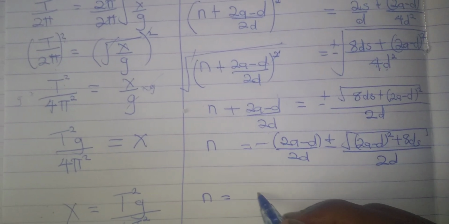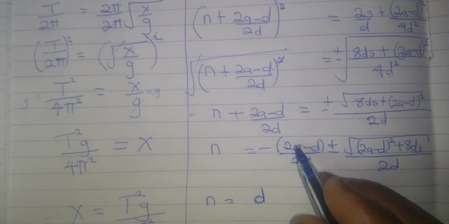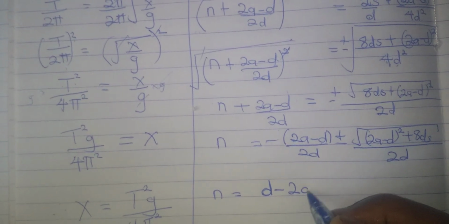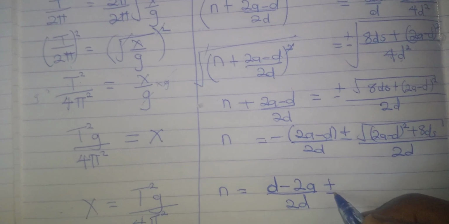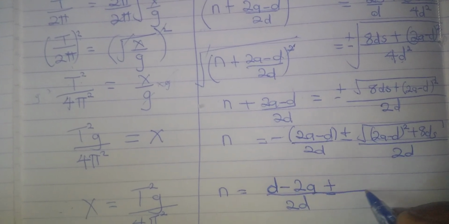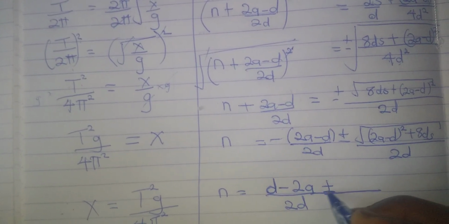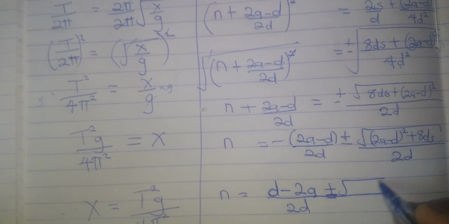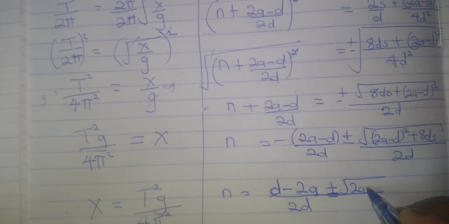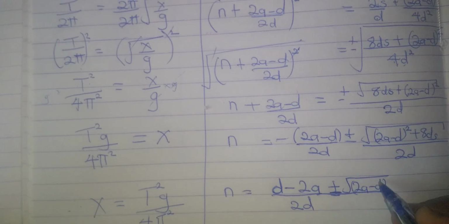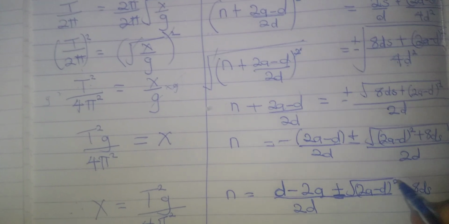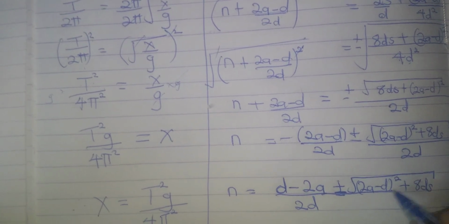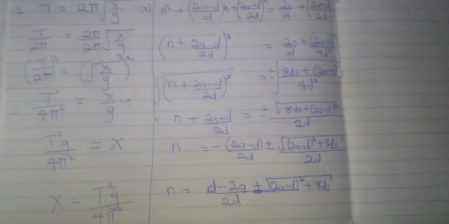So I'll begin with what becomes positive. The d becomes positive, the 2a becomes negative, over 2d plus or minus, remember we said the denominator is the same, plus or minus root of 2a minus d squared plus 8ds. These are all under root. So that is our final answer.